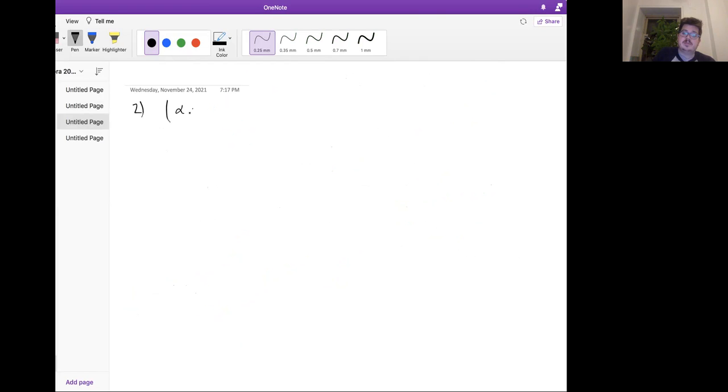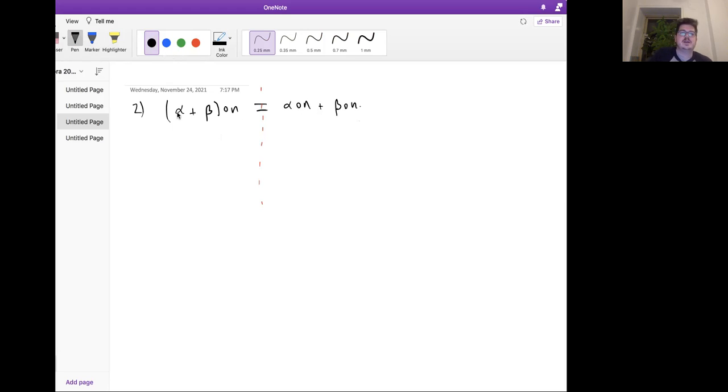So that would be alpha plus beta, circle n. What would this need to equal if this was distributive over scalars? And you can use A and B if you want for typing. A circle n plus B circle n.